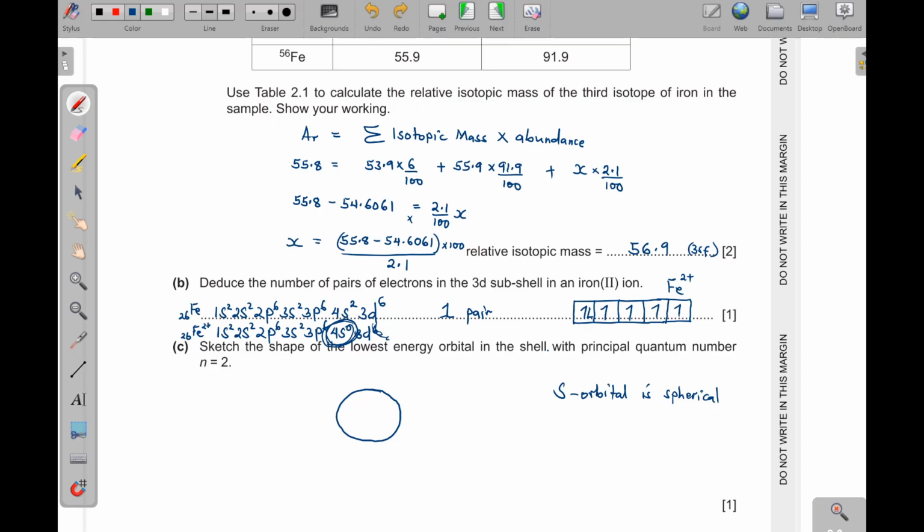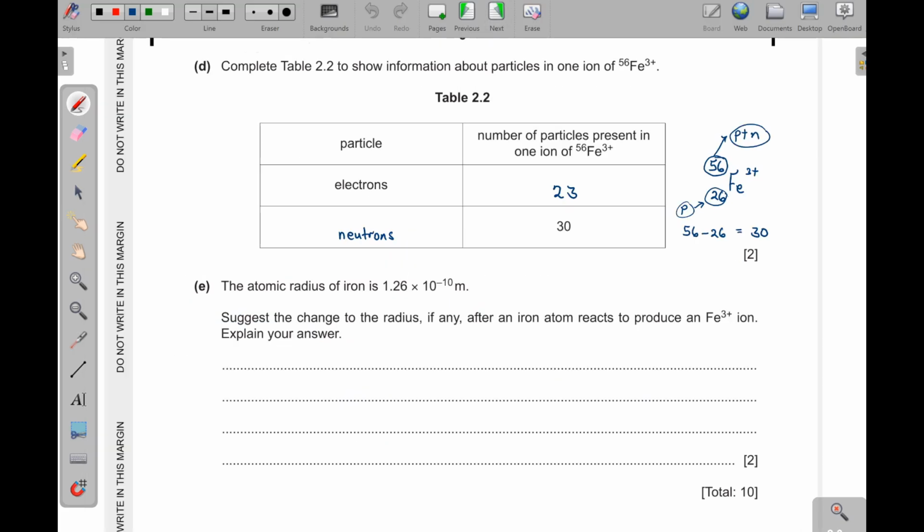So one shell has gone. So because one shell has gone, then we are going to see a smaller iron. And also now the nuclear attraction for the outermost shell electrons is going to increase. You see that? Because one shell has gone, and therefore the shielding has reduced. So since shielding has reduced, the nuclear attraction for the outermost electrons becomes bigger. So we shall suggest the change in the radius. The radius decreases.